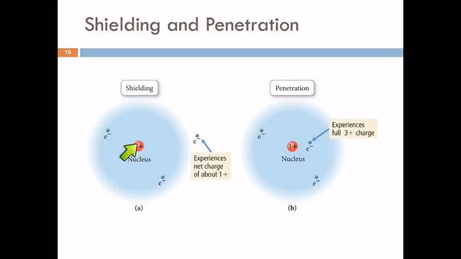When it looks in, we've got this +3 nucleus, and then we have these 2 negative electrons, which essentially knock off 2 of those positive charges. So this one electron looking into this cloud experiences a net charge of about +1. That's its effective nuclear charge, because these other 2 are occupying some of that charge. If the electron can penetrate into this region, now these guys are not between it and the nucleus, and it experiences the full +3 charge, and so that's going to have a higher amount of attraction. Any questions?